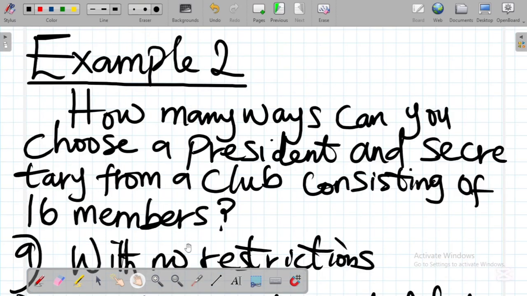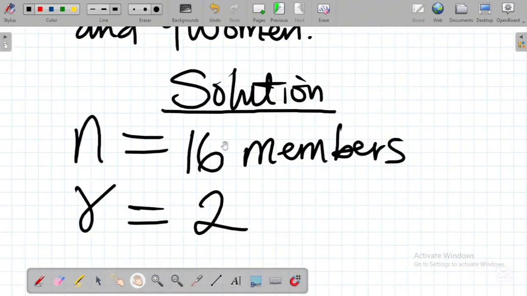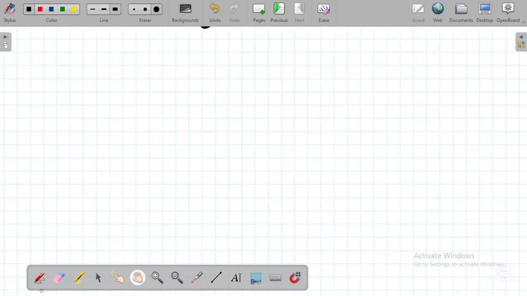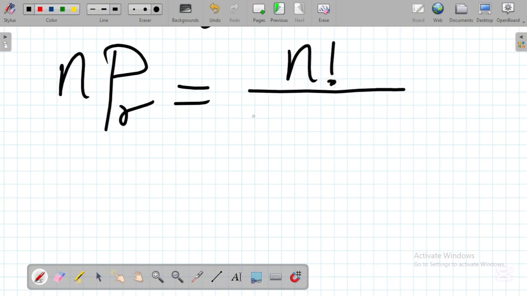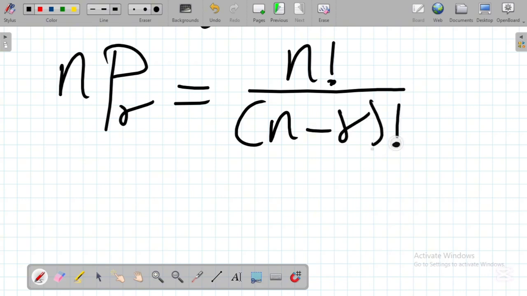Our next task is to substitute into the permutation equation, which is n permutation r is equal to n factorial all over n minus r factorial.